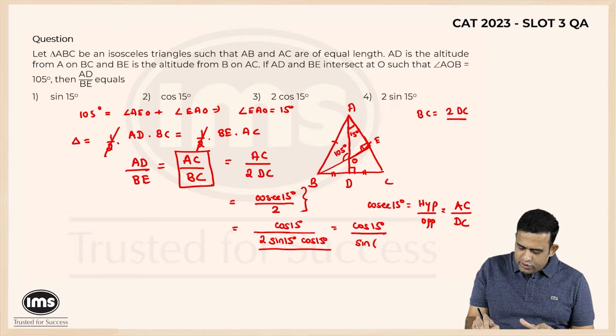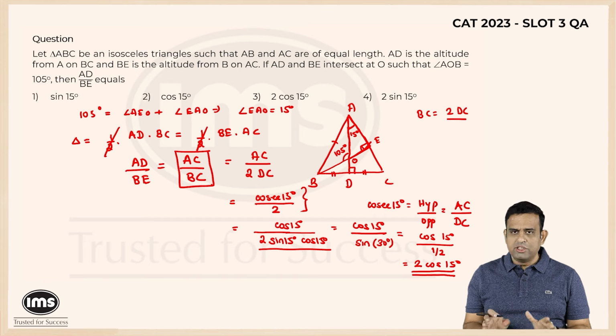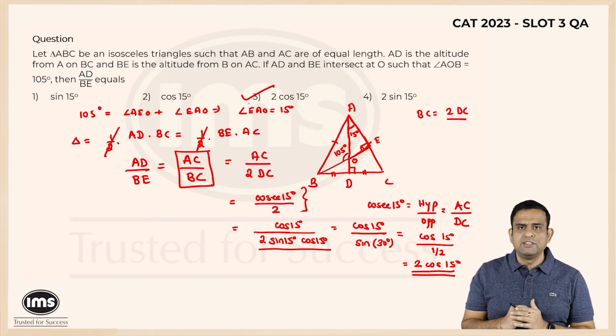So this becomes sine of 2 into 15, which is sine of 30 degree. And sine 30 is equal to half, so we get cos 15 divided by half, which becomes 2 into cos 15. So at this moment, many of us should mark option number 3 as the answer.